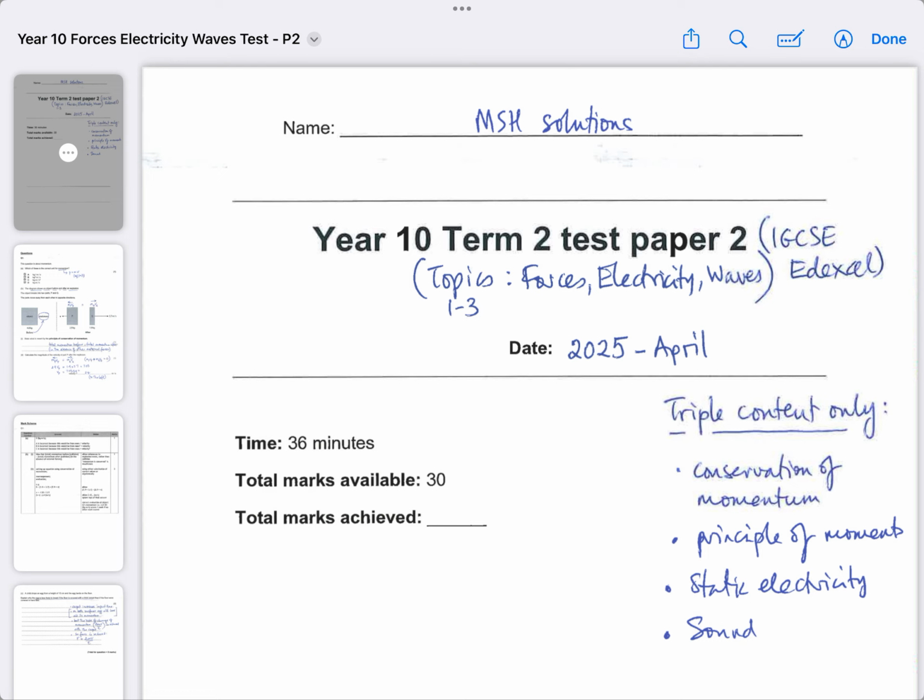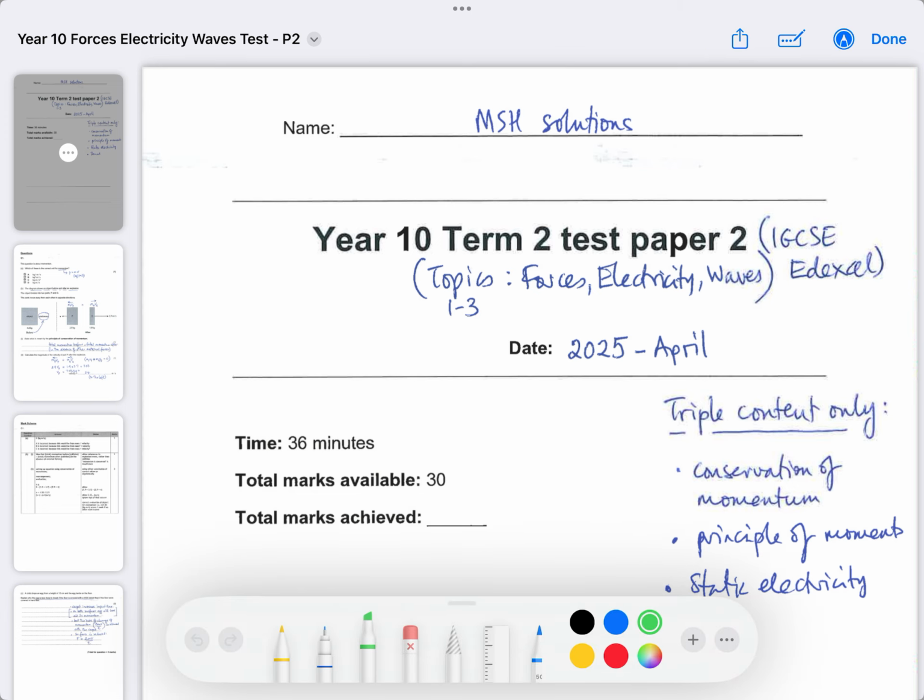The first three topics are forces, electricity, and waves. Okay, so these are the three biggest topics in IGCSE. So if you need to revise these, this is a really good test paper to use if you're doing physics IGCSE. Okay, so this is for physics.